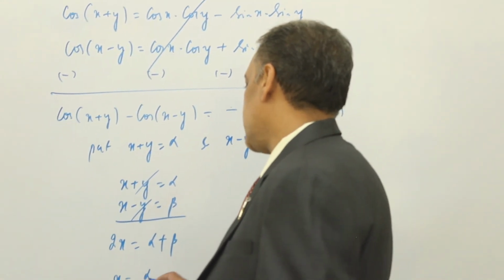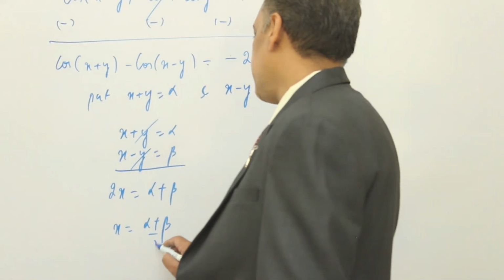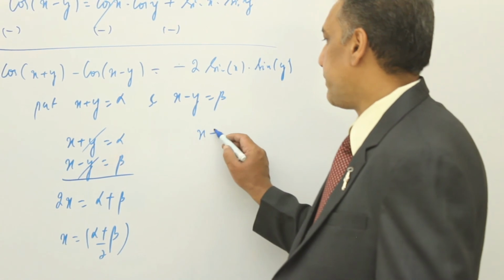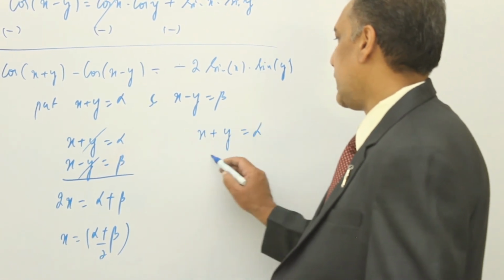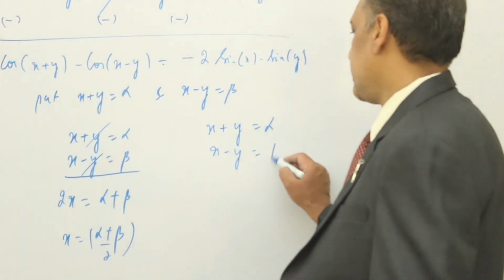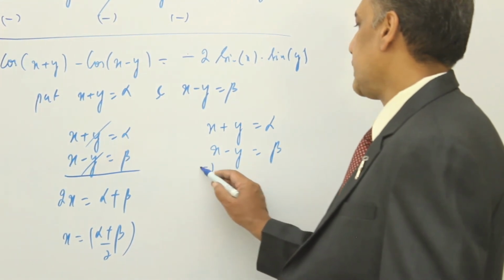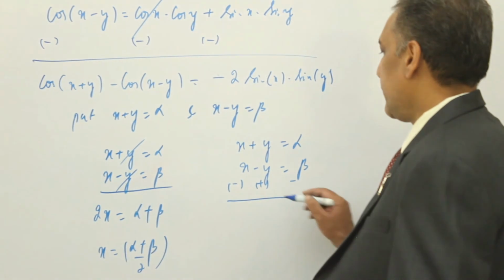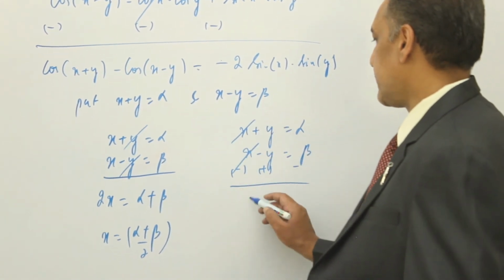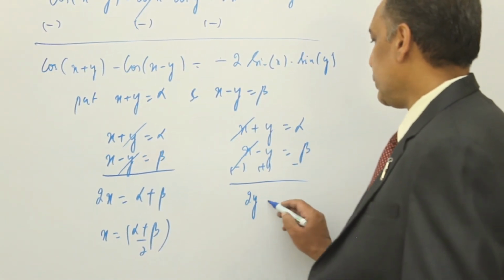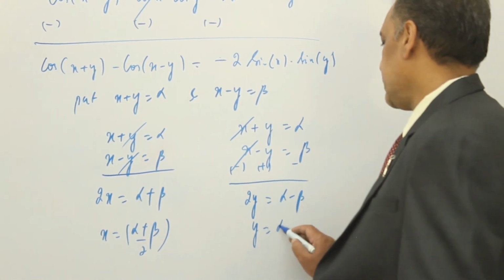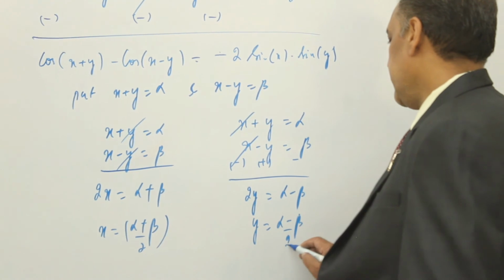So therefore x is equal to alpha plus beta by 2. Similarly, when you take the subtraction, you change the signs, plus x and minus x get cancelled, therefore you will get 2y is equal to alpha minus beta. So y will be equal to alpha minus beta by 2.